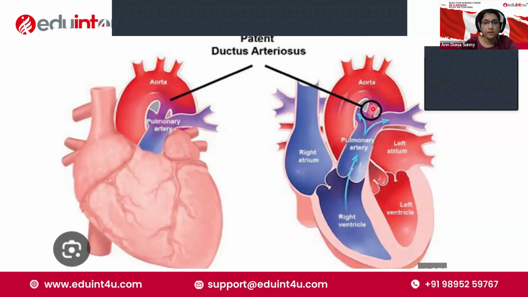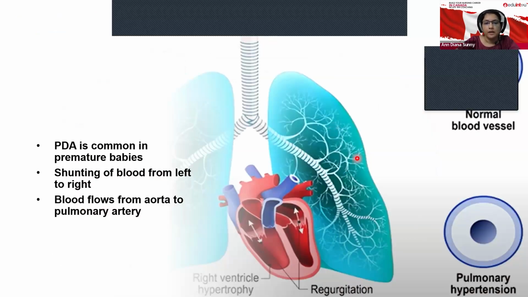So when there is an increased pulmonary blood flow, there is a strain on the pulmonary artery that will in turn lead to narrowing of the pulmonary arteries, which will result in pulmonary hypertension. Okay, so this is what happens in patent ductus arteriosus.